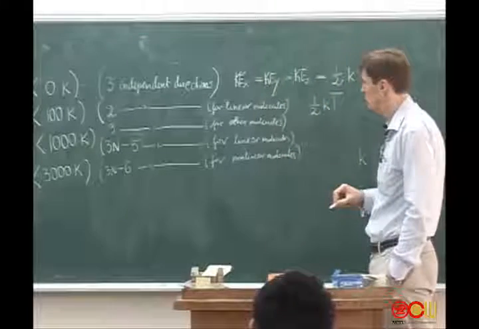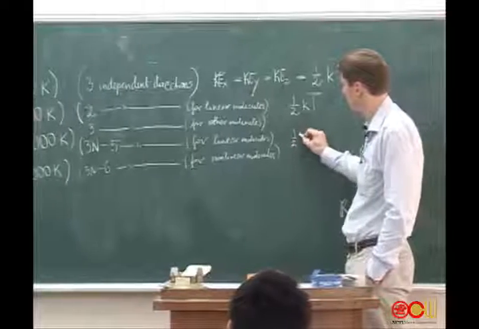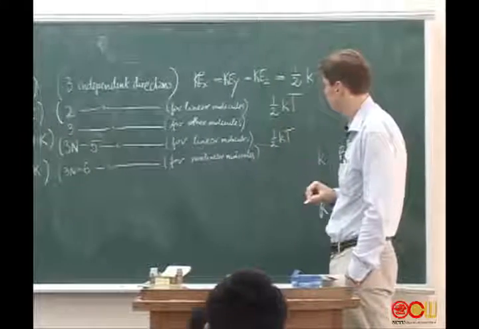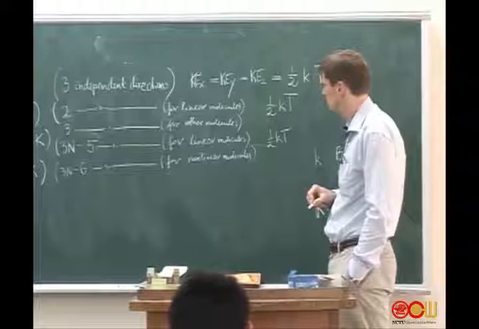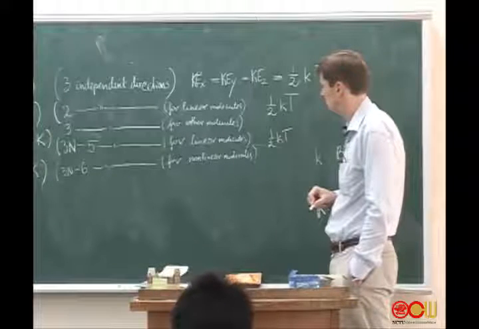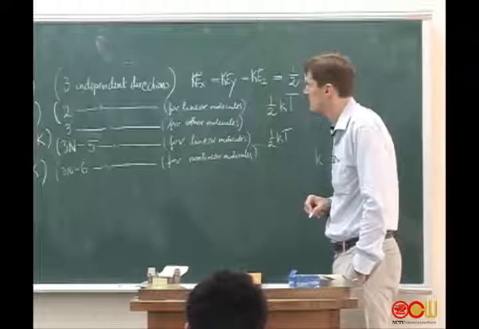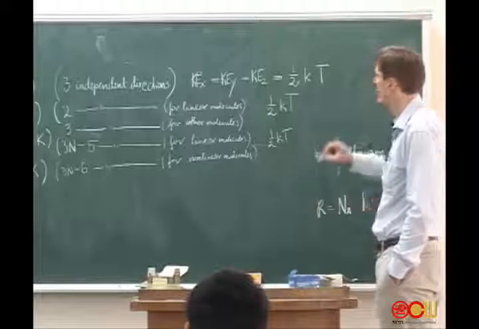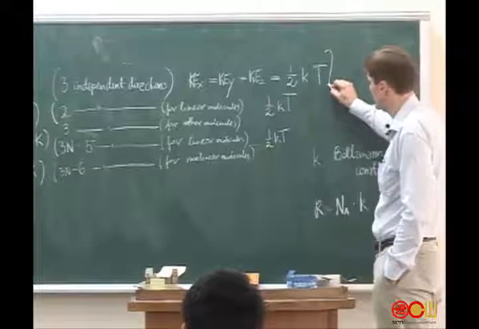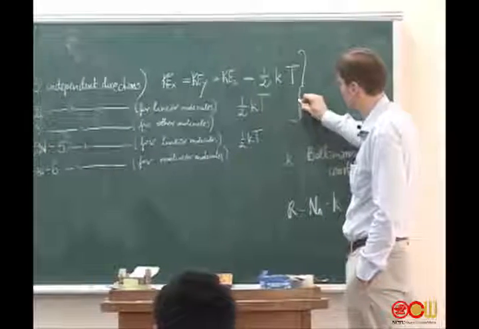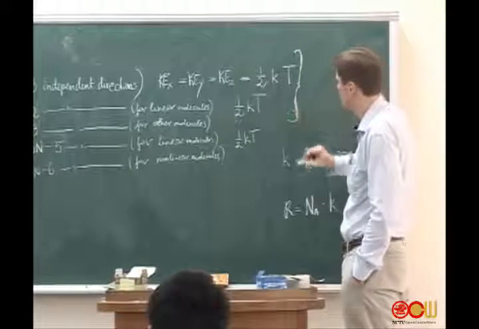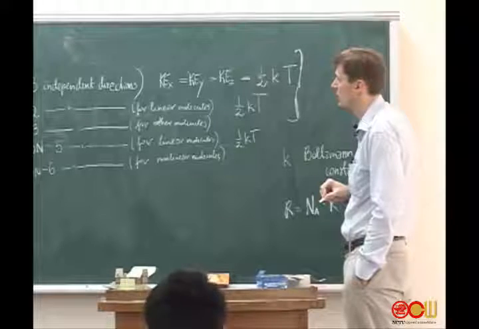And of course, for each independent direction, you have 1/2 kT. But the thermodynamics we are discussing is the thermodynamics at room temperature. So in fact, you see that only these two types of internal movements are contributing here.